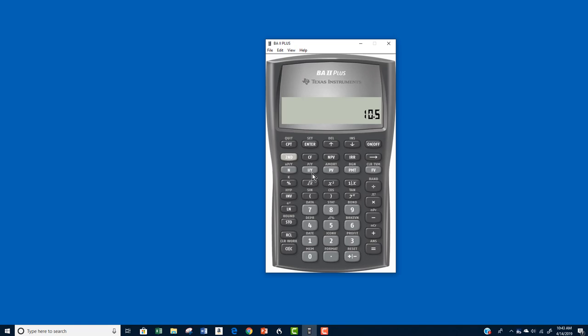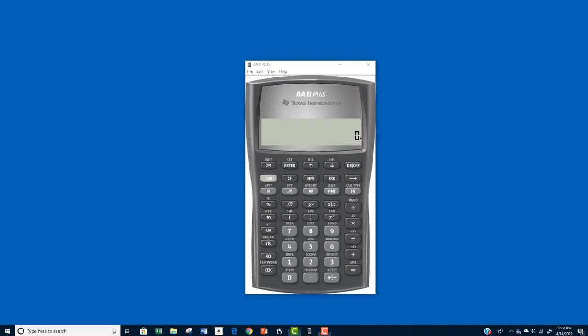It's important that you realize that if you enter a number as a positive in PV, the future value calculation will show up as a negative. Likewise, if PV is 0 and you enter numbers as PMT, the FV will be negative. If FV is 0 and you enter numbers as PMTs, the PV will be negative.